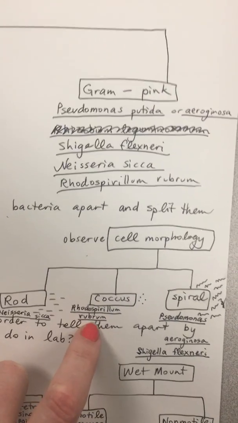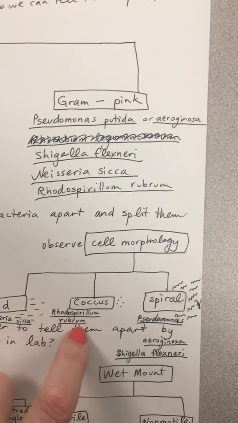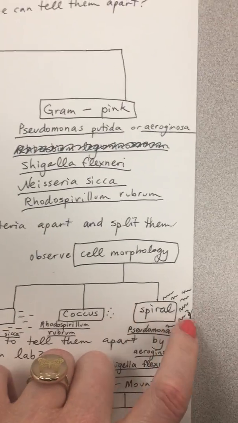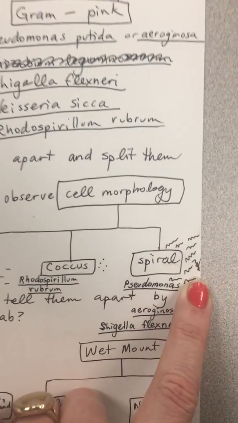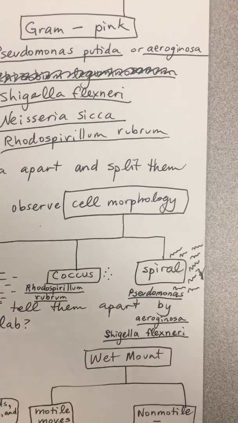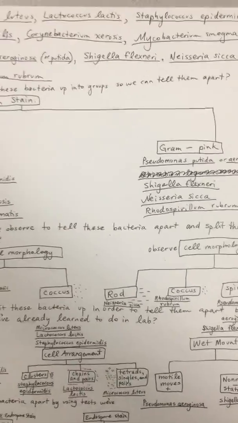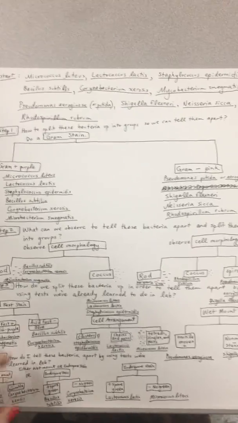If you have a gram-negative coccus circle-shaped bacteria, it is this species here. If you have a spiral-shaped or squiggly-shaped gram-negative pink dyed bacteria, it's going to be one of these 2 species right here. So if you don't already have your worksheet completed, let's move on to step 3.